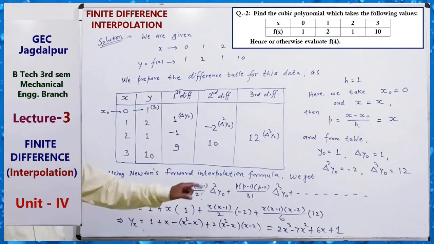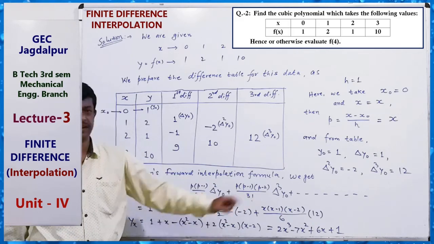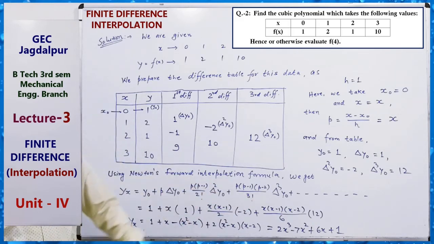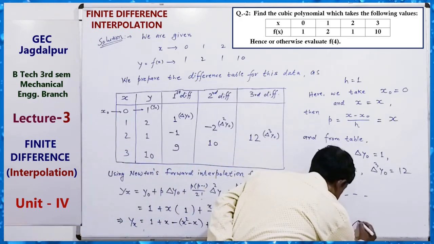Okay, y(x) equals this. Just multiply and simplify it, you can get this. So this is the required cubic polynomial, y(x) equals f(x). This is the cubic polynomial. Okay, the first answer is this.